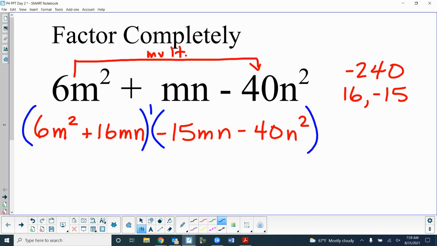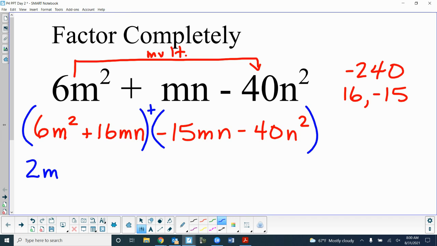Just put a little plus sign between your 2 groups. Now we go back to the beginning. Look for GCFs, right? What's the GCF of the first group? 2m, right? 2 goes into 6 and 16, and we've got an m in both, at least one m in both.